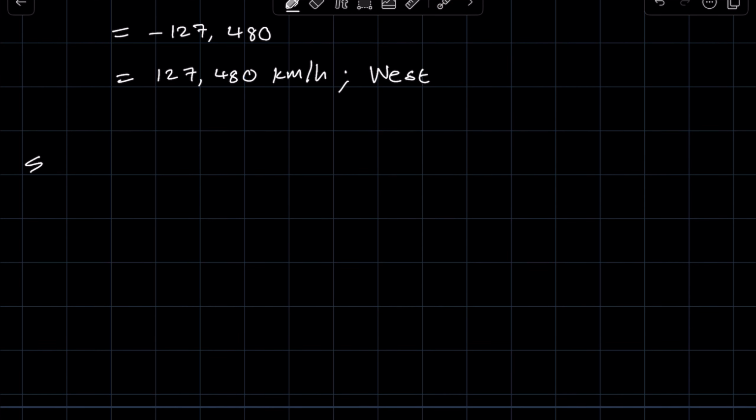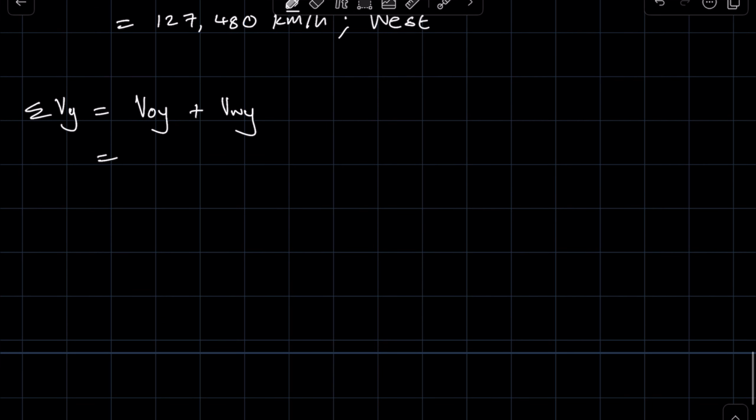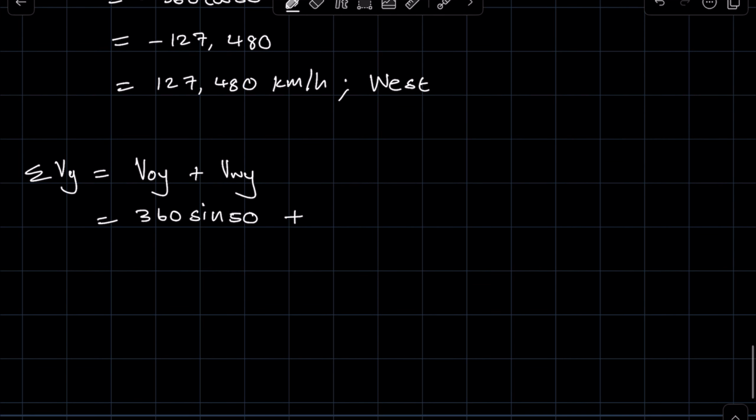Now we look at the sum of velocities in the y direction. This will be equal to VOY plus VWY. VOY is 360 sine 50, plus VWY, which is 120 sine 30.